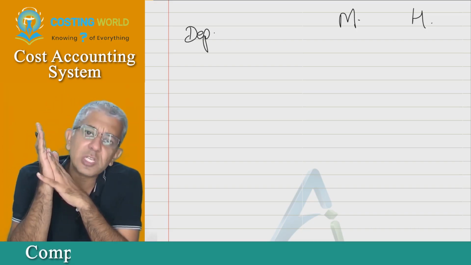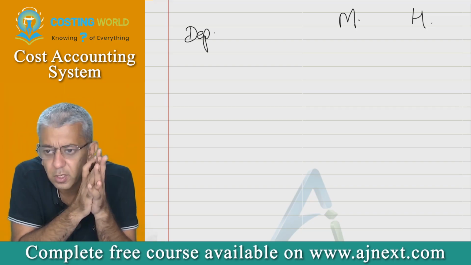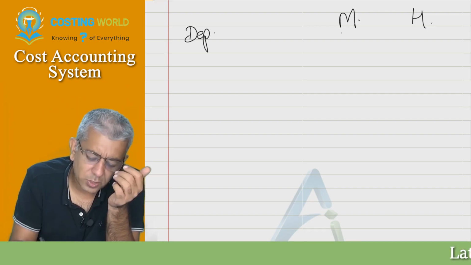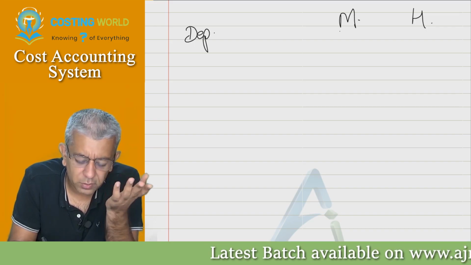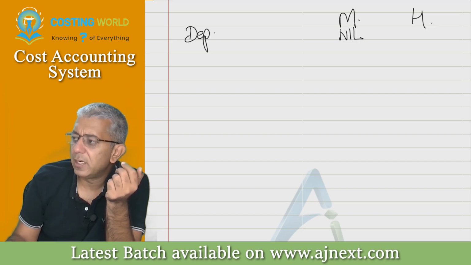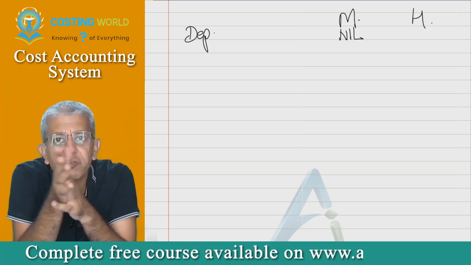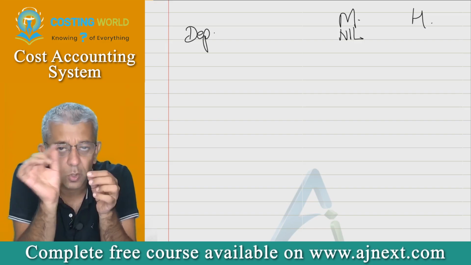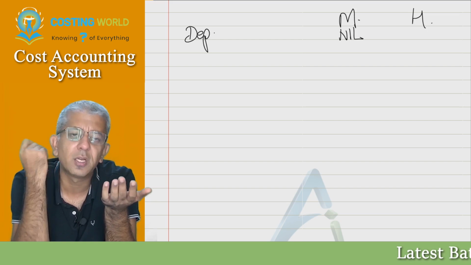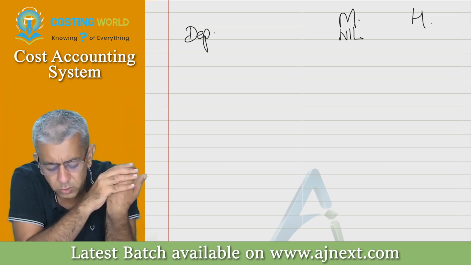But it was purchased a long time ago and has been fully depreciated. How much depreciation would you be charging each year? Zero. Say my policy was to write off my factory cost over 10 years. Those 10 years are over, so today the WDV has become 0 and depreciation will also be 0.